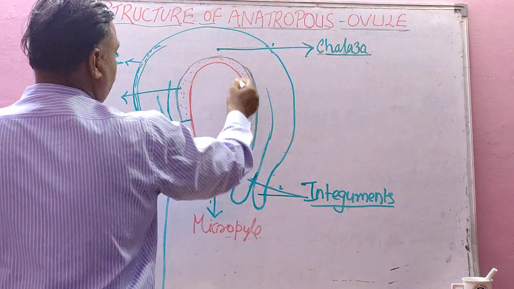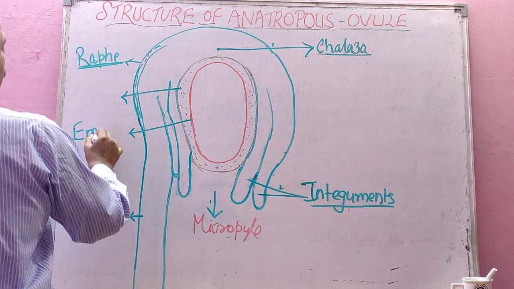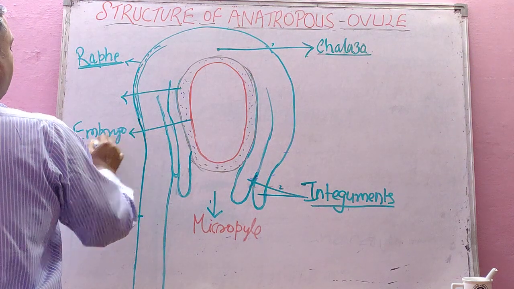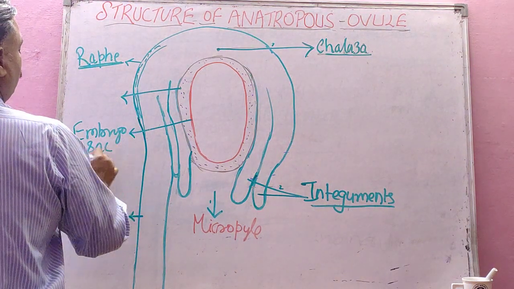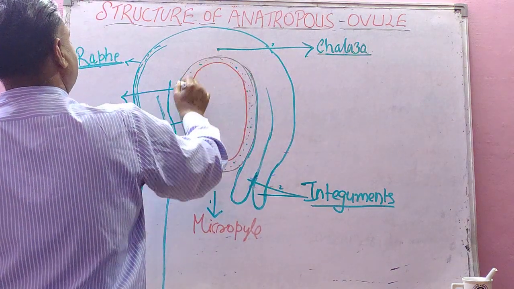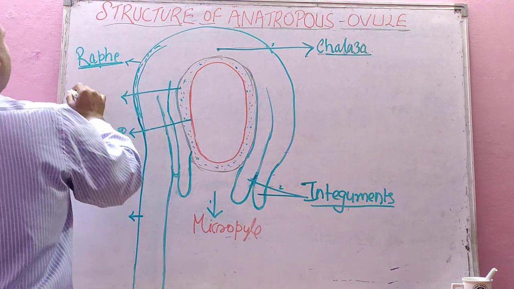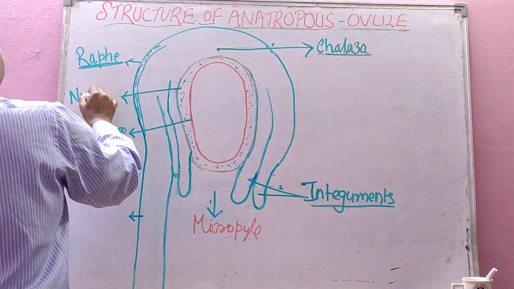Then this portion, red line, this is your embryo sac. Embryo sac is also called female gametophyte. And this black dotted portion, which provides nourishment to the developing embryo, is called nucellus.